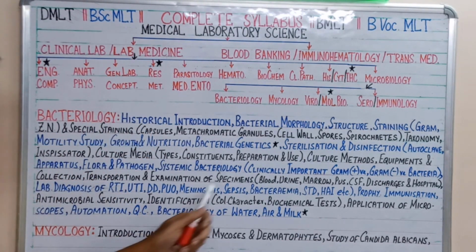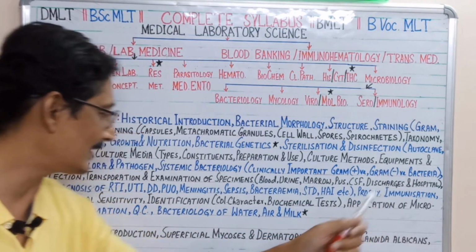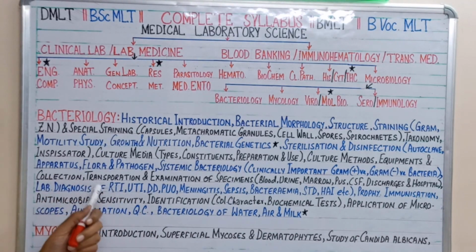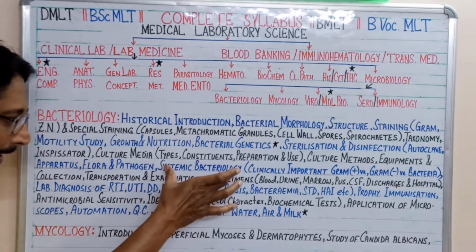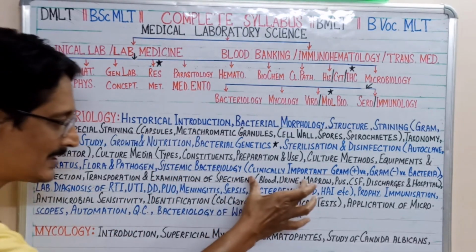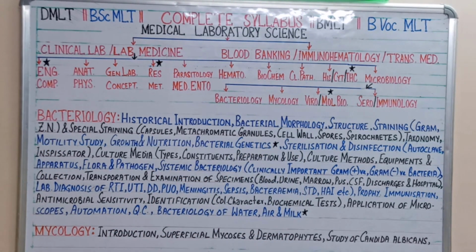So for blood, urine, and hospital discharges, we have to study how to collect that sample, how to transport that sample, and how to examine that sample. Then the systemic bacteriology and the specimens have application in the lab diagnosis of a particular disease.